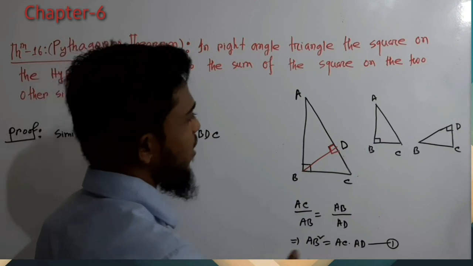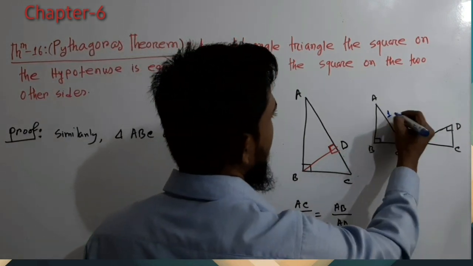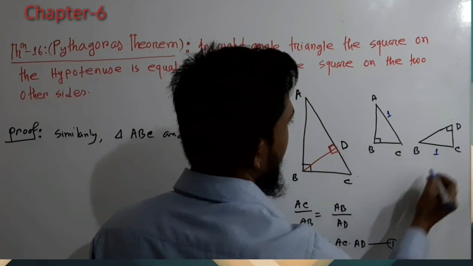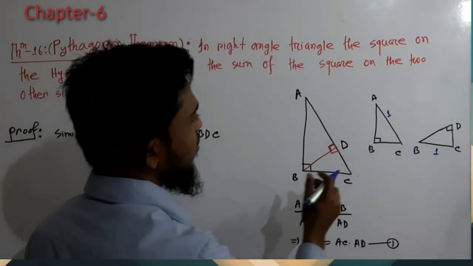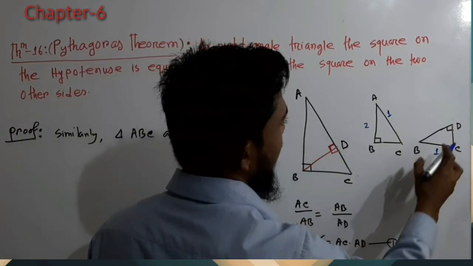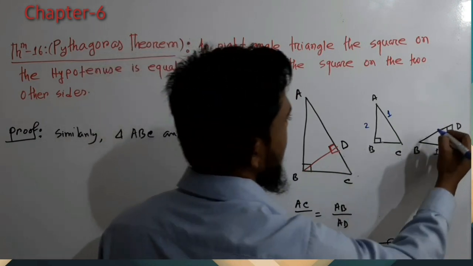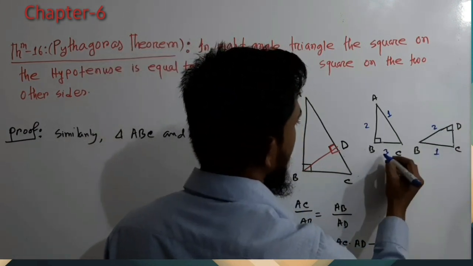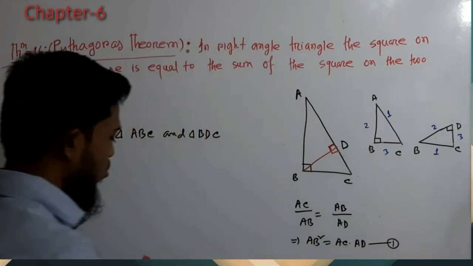Our large side AC is 1 and large side BC is 1, another side AB is 2 and the second side is 2, and this side is 3 and this is 3.